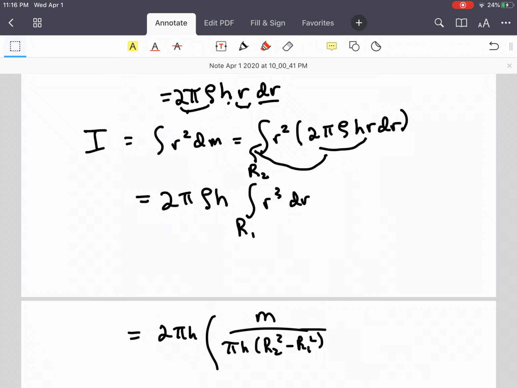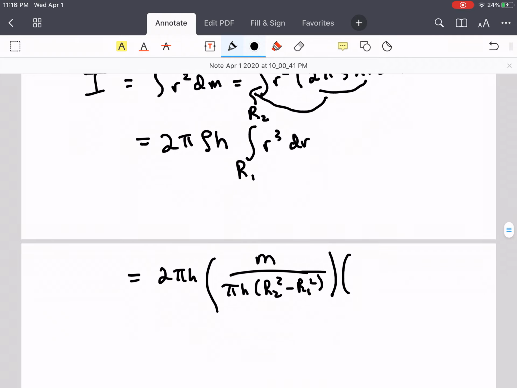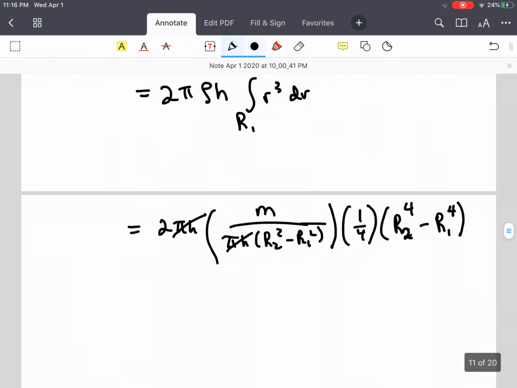There you go. And this integral right here, that's a quarter r to the 4th. So that's 1/4 of r2 to the 4th minus r1 to the 4th. All right, so this is pretty straightforward now. The pi h's cancel. The quarter is going to come out front and cancel, making a 2 on the bottom.